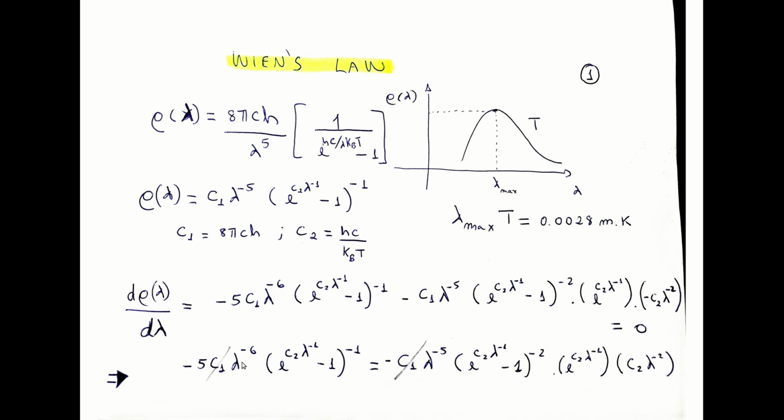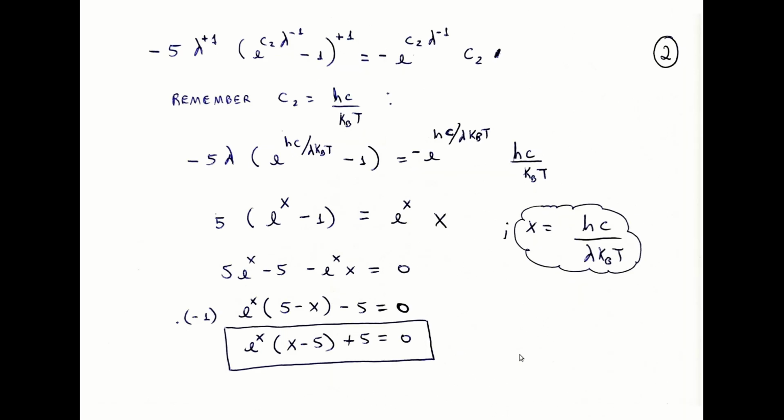Okay, so we can simplify the c1, we can simplify this negative sign, we can actually simplify the exponent of this function because this is the same function right here, and if we do it carefully, we will get to this point, which is minus 5 lambda e to the c2 lambda to the minus 1, plus 1 equals these surviving functions on the other side.